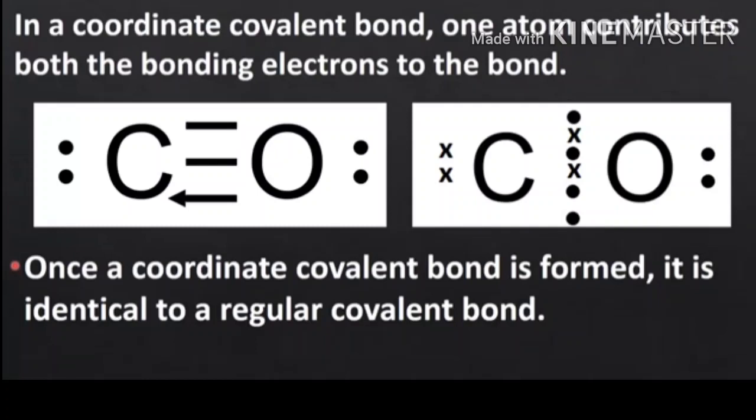It is identical to a regular covalent bond, as during the formation of the coordinate bond, oxygen is donor, therefore there is partial positive charge on the oxygen atom, whereas carbon is acceptor, so it acquires partial negative charge.